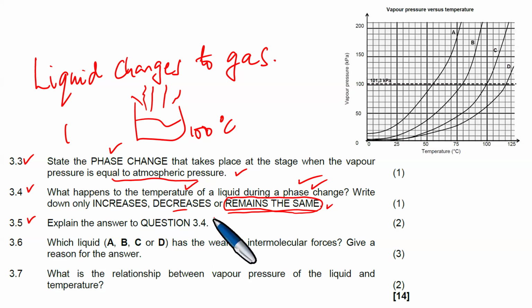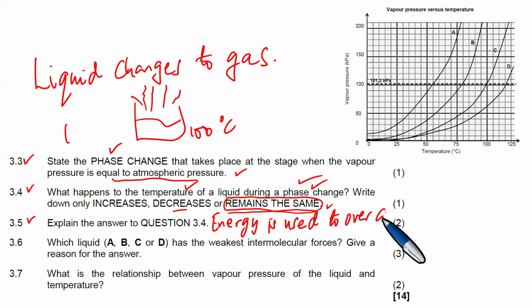Now, in 3.5, we say energy is used to overcome the intermolecular forces.